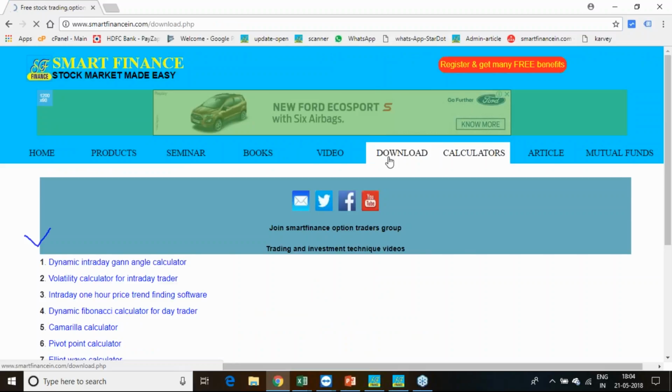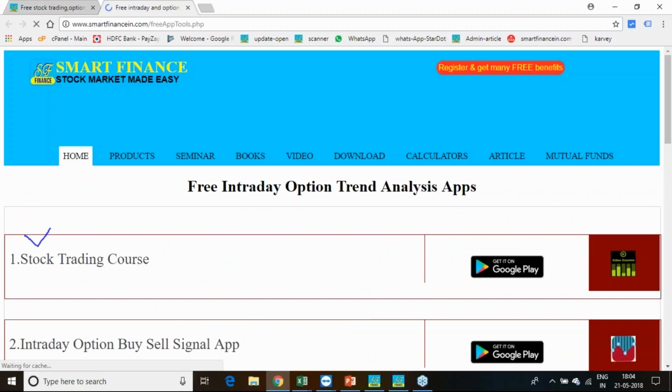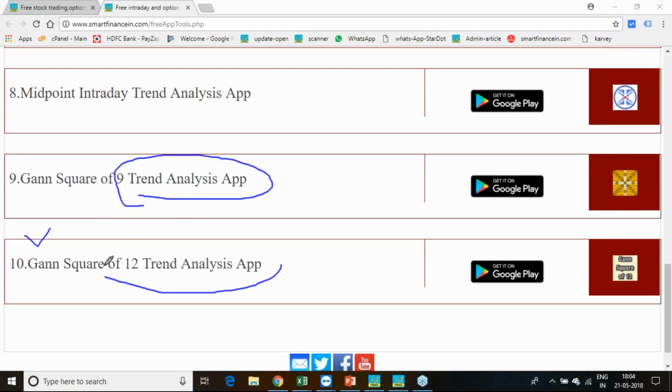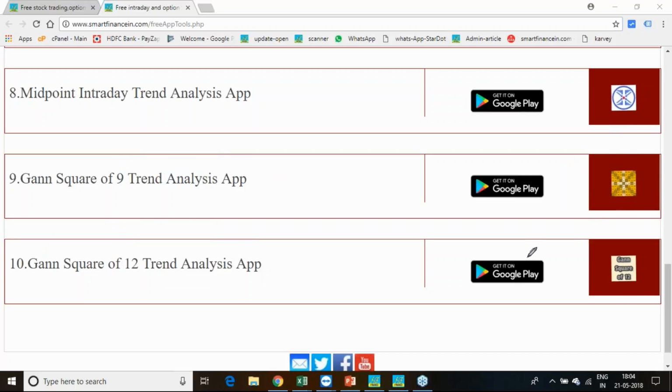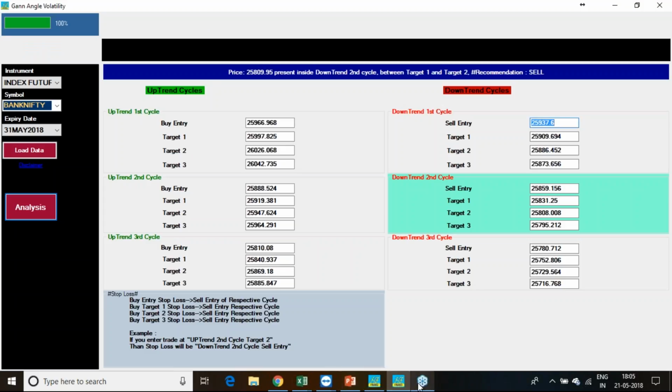If you go to the download section, in our free Android app section you can download the Gann square of 9 trend analyzer and the square of 12 trend analyzer. These tools are not data automated. I will also show you how those 2 tools work.